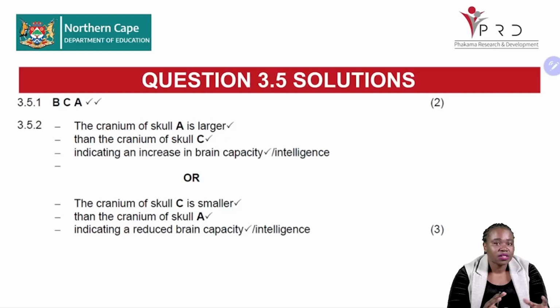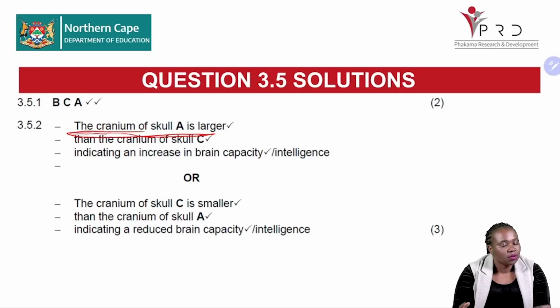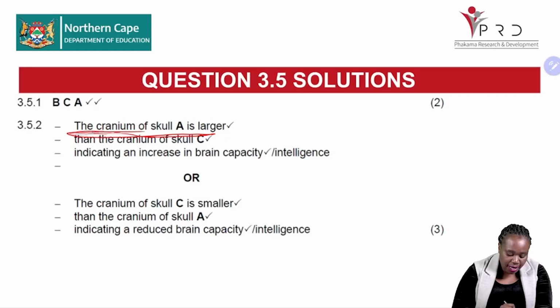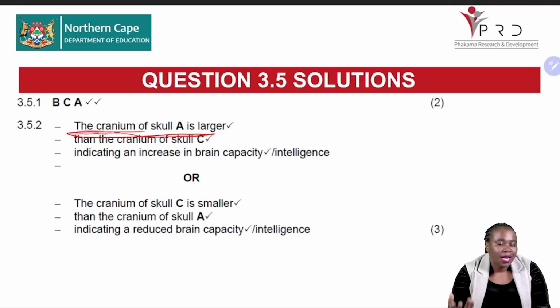So we know that if the skull is big, then the cranium of that skull is going to be bigger as well, or larger. The cranium is going to be larger than that of C, right? And the larger the cranium, it indicates that the larger the brain.